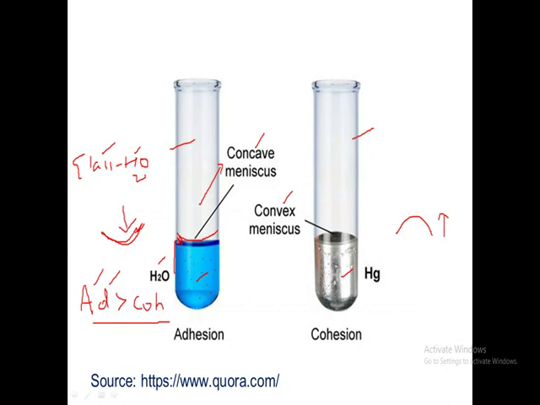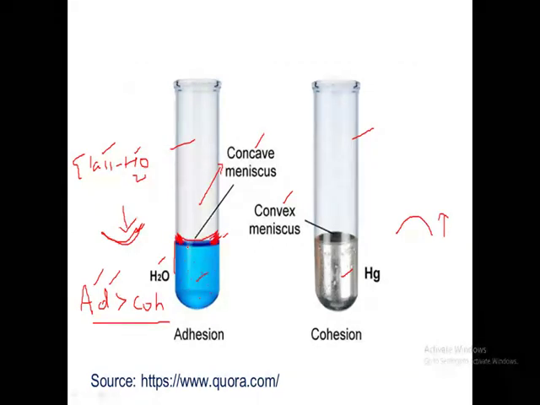As a result, the water molecules which are nearby here will be attracted towards the glass surface here. Similarly, the water molecules will be attracted towards the glass surface here. As a result, the water molecules are raised a little bit towards the glass surface. Why? This force is more than the cohesive force inside. Therefore, the water molecules at this boundary are going to be attracted more towards the glass.